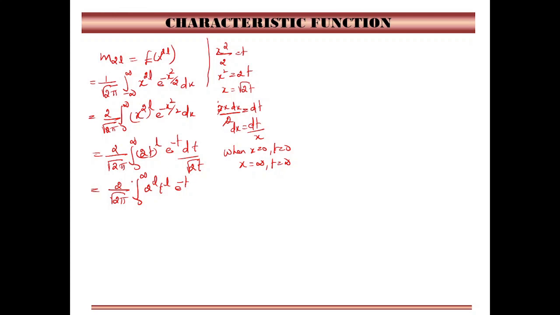This root 2 can be taken outside, and then this t will be t power minus 1 by 2. I am taking this root 2 outside. So here dt. 2 power l also can be taken outside, and 0 to infinity integral t power l, here t power minus 1 by 2, so therefore t power l minus 1 by 2 into e power minus t into dt.